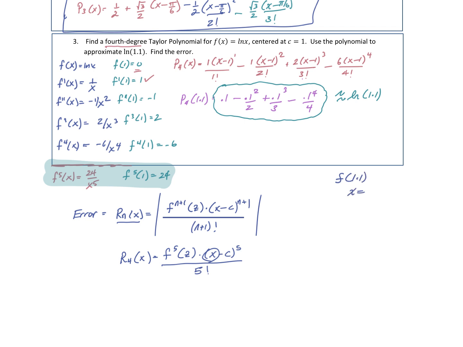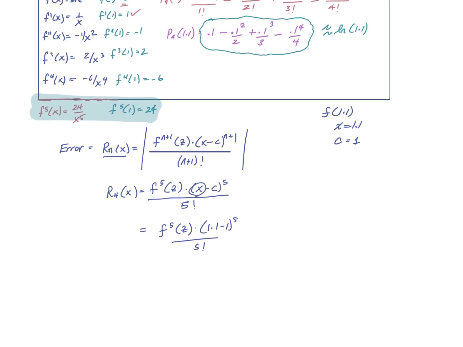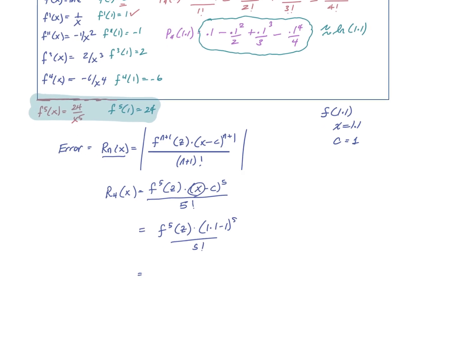So x is 1.1. The center was given as 1. So we can plug in what we know. So f5 of z, x is 1.1, so 1.1 minus 1 to the 5th over 5 factorial. So we're going to get f5 of z times 0.1 to the 5th over 5 factorial.